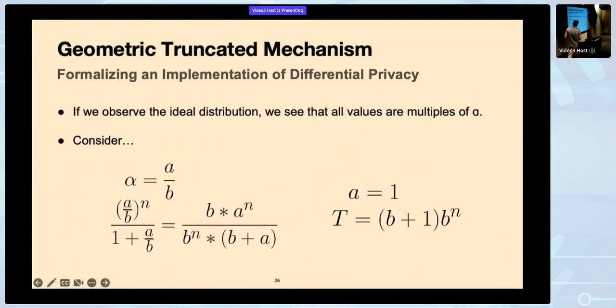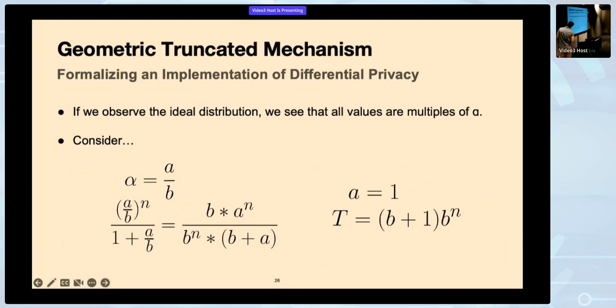This isn't actually too difficult to do, because if we observe the ideal distribution, we see that all the values are multiples of alpha. So there must be a common divisor, and it has to be the smallest of the probabilities of our GTM.